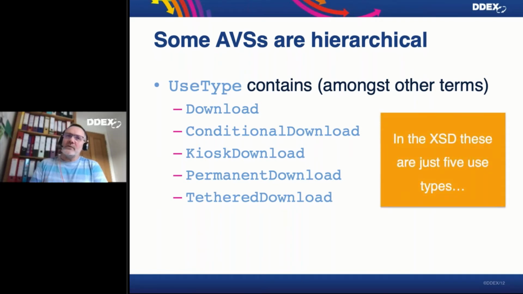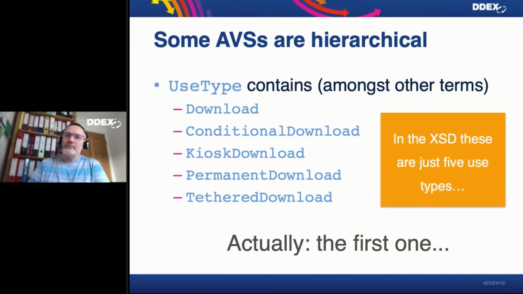But just looking at these 5 use types, the use type allowed value set is much longer than just these 5 values. But there you go, I've just printed those 5 out.